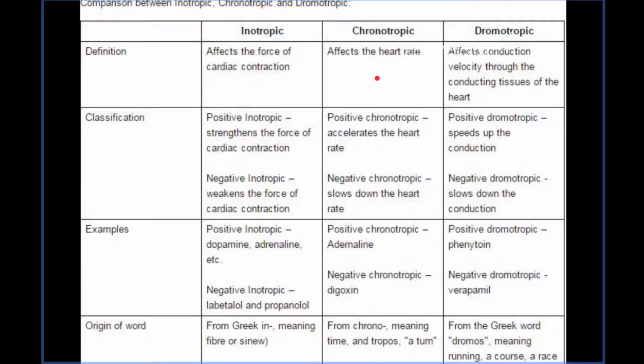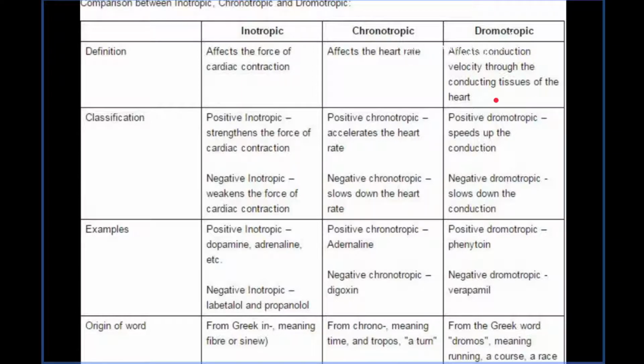A positive chronotropic effect means an increase in the heart rate. A negative chronotropic effect means a decrease in the heart rate. And when we talk about dromotropic effect, it affects the conduction velocity through the conducting tissues of the heart, meaning how fast the communication between cardiac cells is happening.